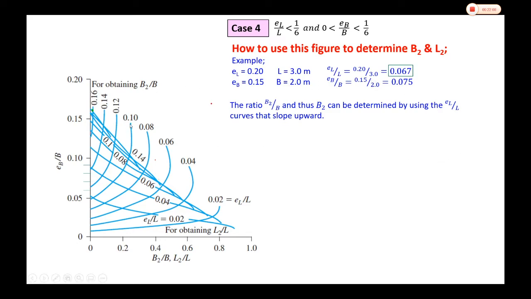Now, for the example here, we have EL over L of 0.067. What we have is 0.06 and 0.08, so where is the 0.067? We first identify where 0.07 is to roughly estimate the 0.067.